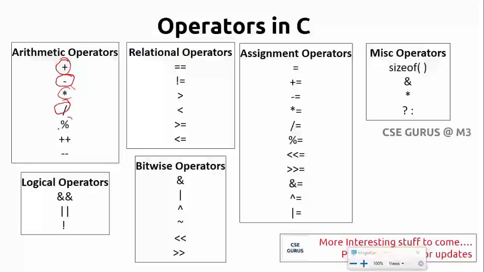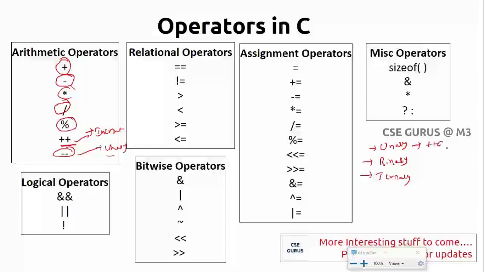So these 5 operators are finished. Now we'll see plus plus and minus minus, which are increment and decrement operators. Of course they are unary operators also. Of course I have to tell about what unary, binary and ternary operators are. Unary means it operates on only one operand.